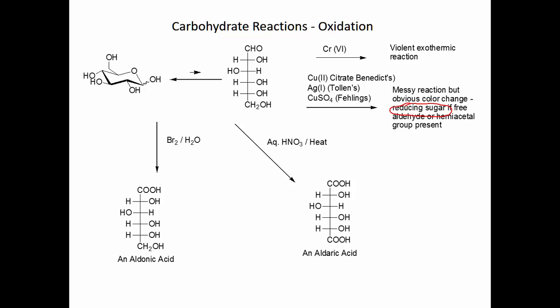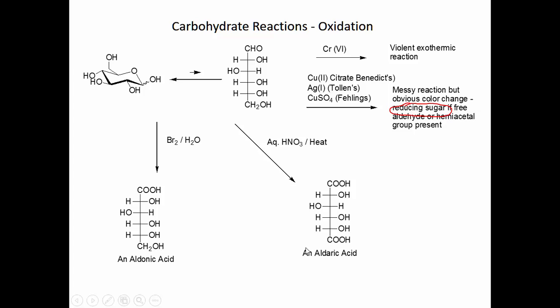All right, so if you want to do a selective oxidation, the reagents of choice are either bromine and water, which all it does is convert the aldehyde hemiacetal group into a carboxylic acid, and this is called an aldonic acid. Okay, nitric acid is a little bit stronger, more vigorous of an oxidizing agent, and this gives us a carboxylic acid at both ends of the molecule and gives us an aldaric acid.